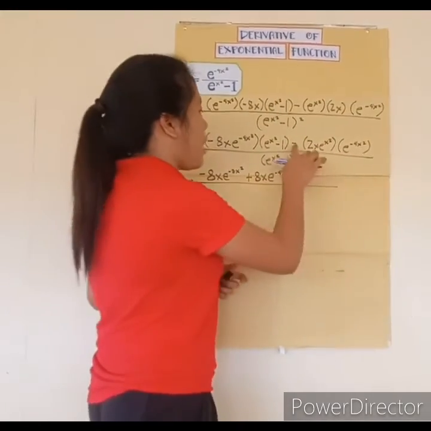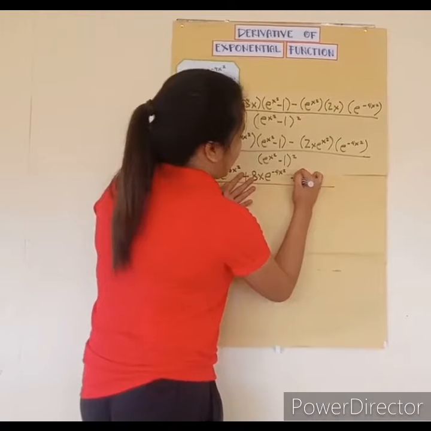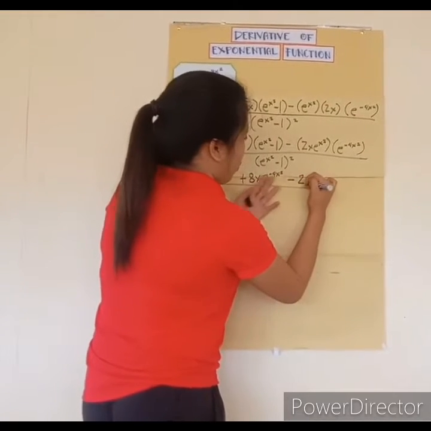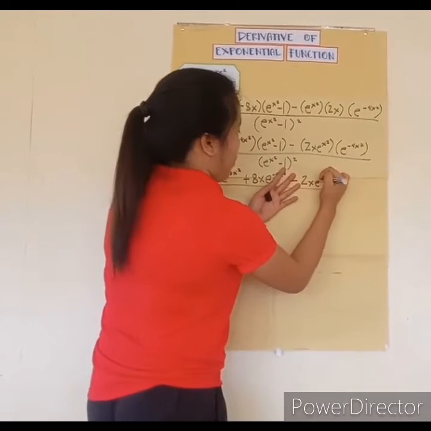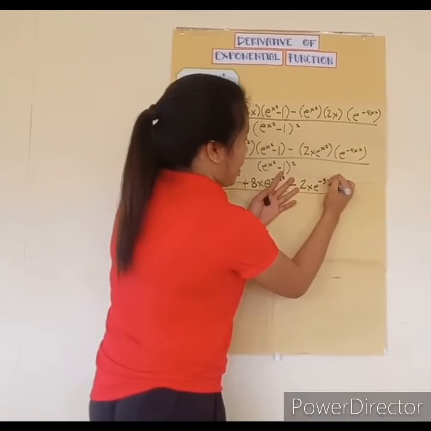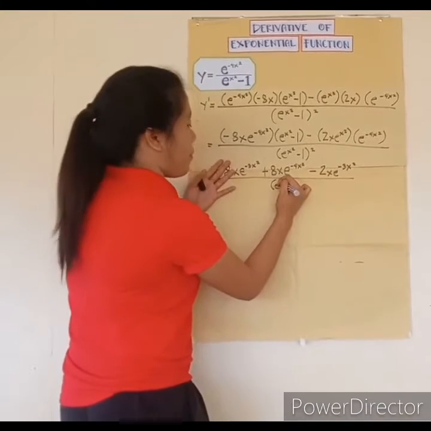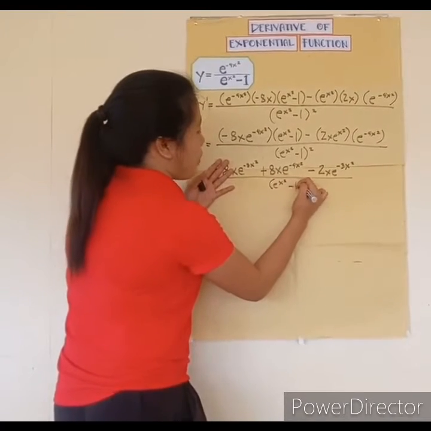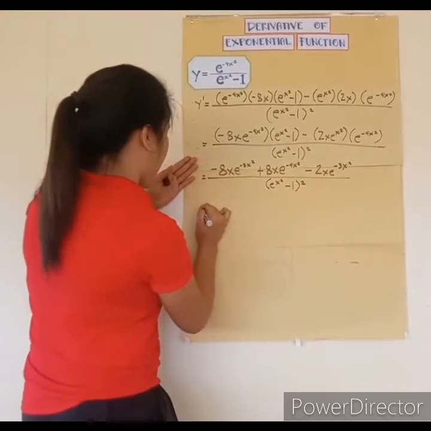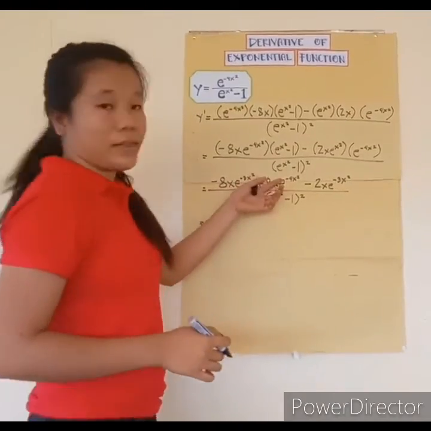Then distribute the negative sign, it will become negative 2x e to the power of negative 3x squared over (e to the power of x squared minus 1) quantity squared. And then, let's combine like terms.